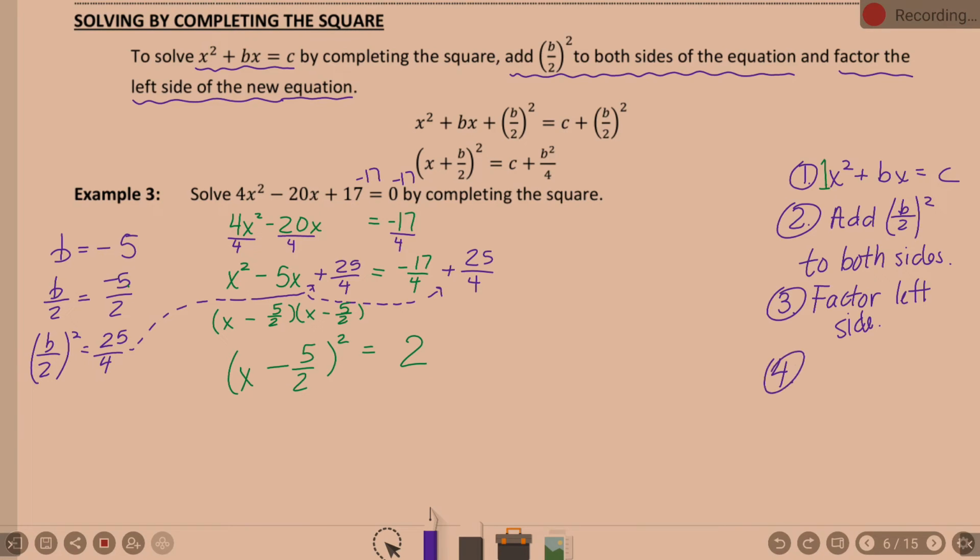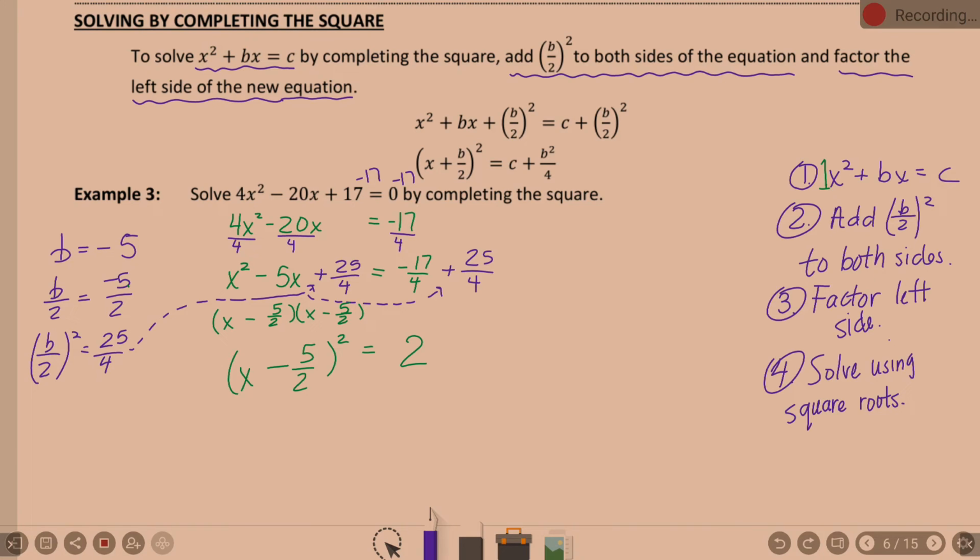Official final step. How do we solve this? It's x minus 5 halves quantity squared. So we're going to square root both sides. So this is where I usually say solve using square roots. Okay.